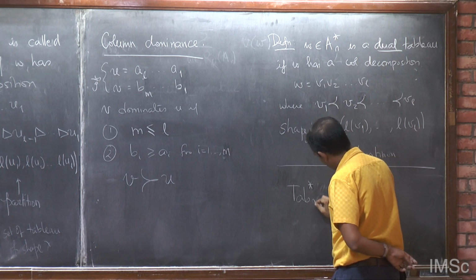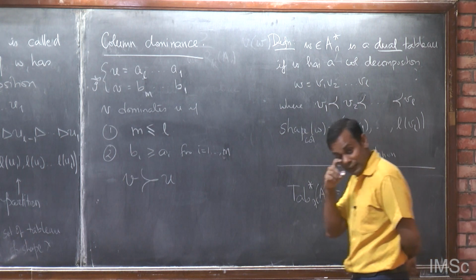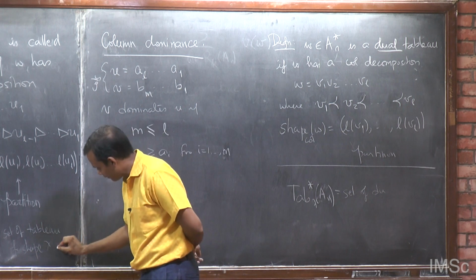Sorry, the lambda goes down and the A n comes here. I need to know what the alphabet is also, right? The set depends on how many letters are in A n.